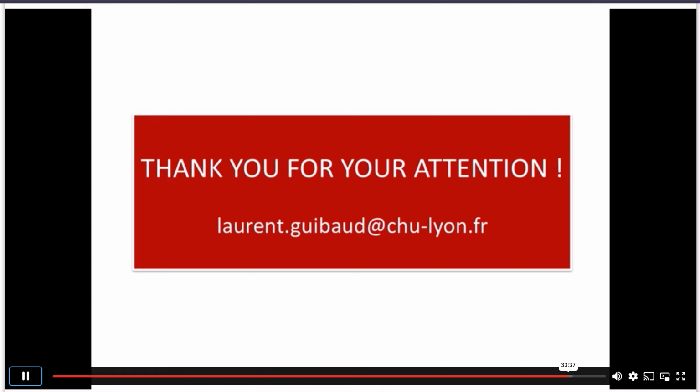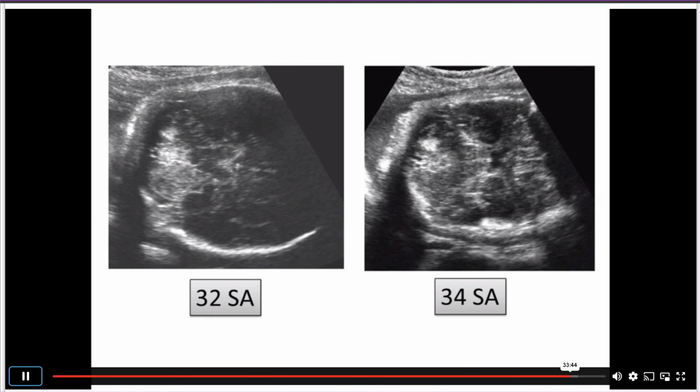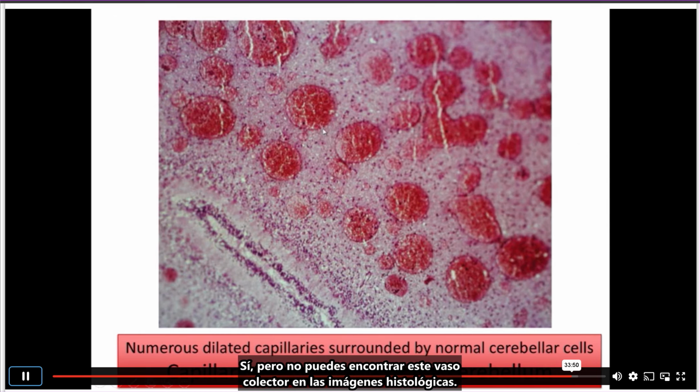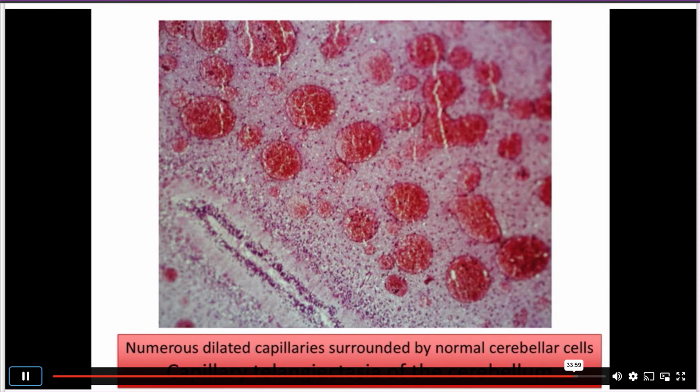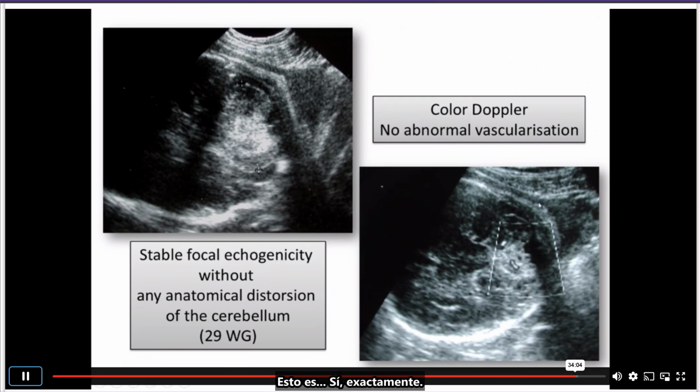In DVA, you don't have this capillary. Yes, but you cannot find this collector vein in histological images. You can see it very well in Doppler imaging. This is a very good sign of, for sure, a collecting vein.